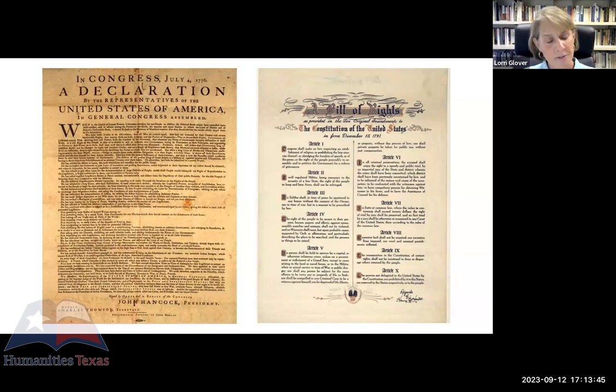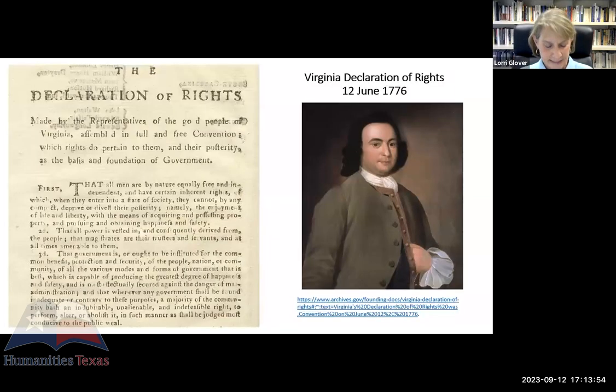There is an often forgotten but critical link between these two widely emphasized documents, and that is the Virginia Declaration of Rights, which was passed in June of 1776 and drafted by George Mason. I have a link if you're listening while walking or making dinner, that's perfectly fine.